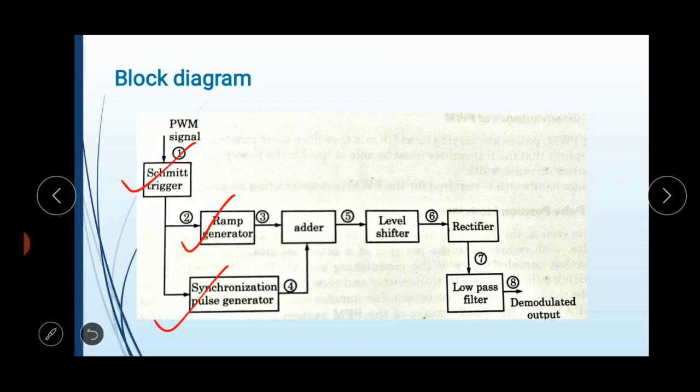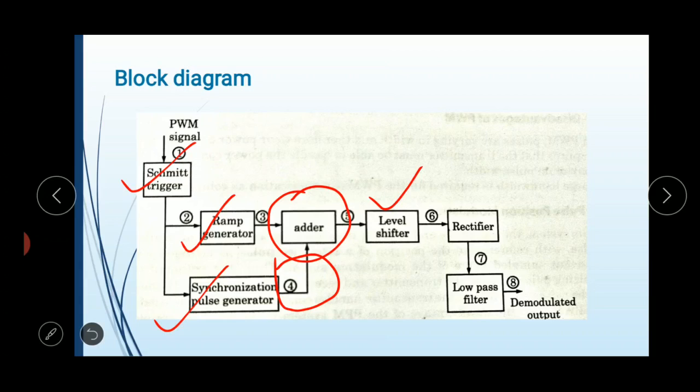Then internally a delay circuit is provided, which is not shown here. The delay circuit delays the reference pulses for a certain amount of time. The delayed reference pulse and the output of the ramp generator are added with the help of the adder. The output of the adder is given to the level shifter.